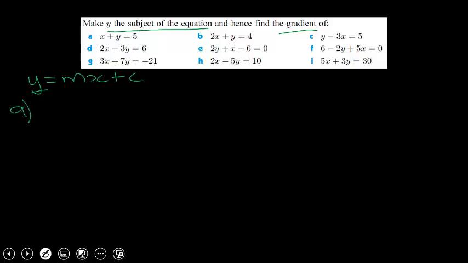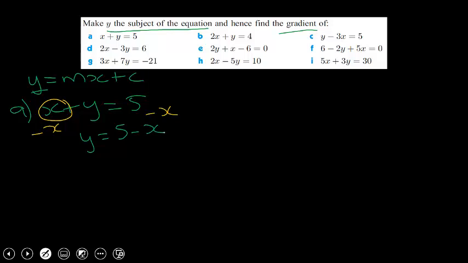So for A, we're going to say x plus y equals 5. To make y the subject, I need to get rid of the x, so I say minus x on both sides, and I have y equals 5 minus x. Okay, so this sort of answers the question, but it's not mx plus c, it's c plus mx. So let's swap it. Y equals minus x plus 5.